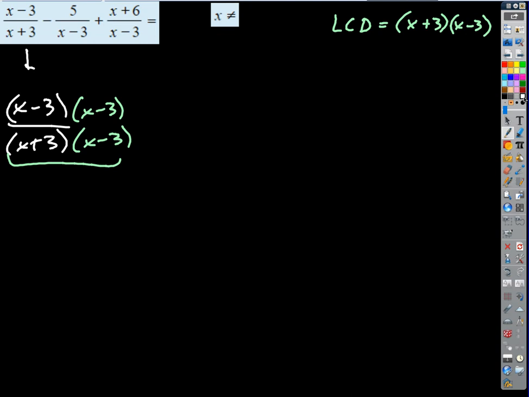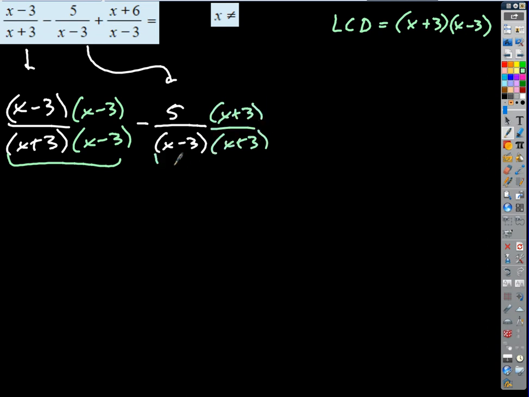Minus next term. What do I need to multiply that one by, top and bottom, to get my least common denominator? X plus 3. And there it is, right? And then finally, the last term.